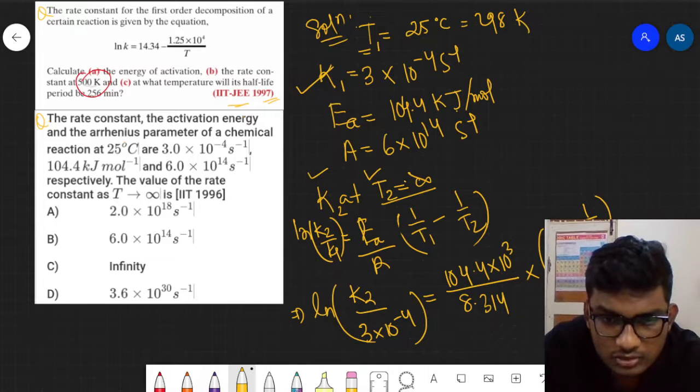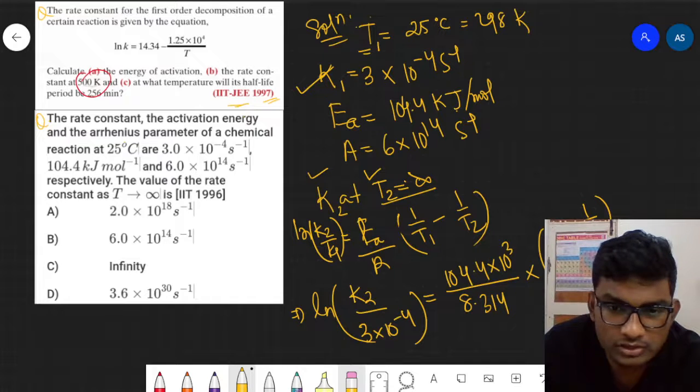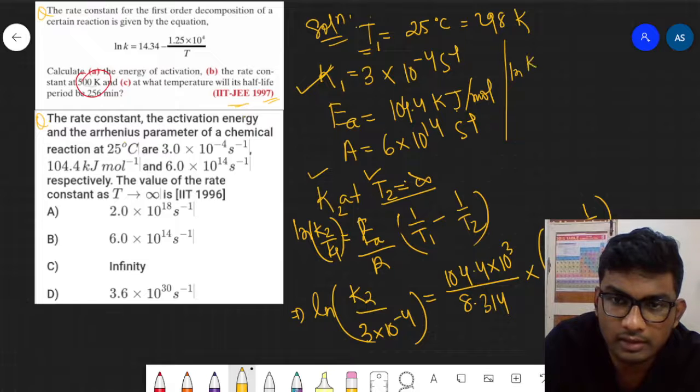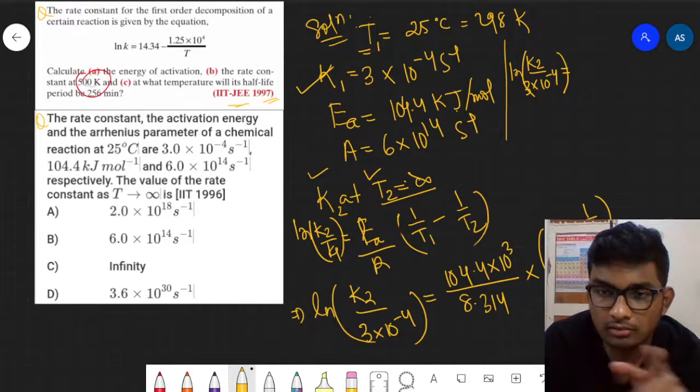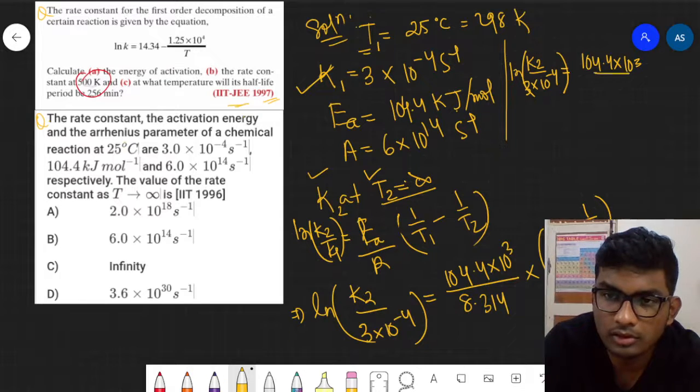Let me check if it is visible or not. No, it's not visible. I need some space, so I can write here. So ln K2 upon 3 into 10 to the power minus 4 is nothing but, in a bracket, 104.4 into 10 to the power 3 upon 8.314.